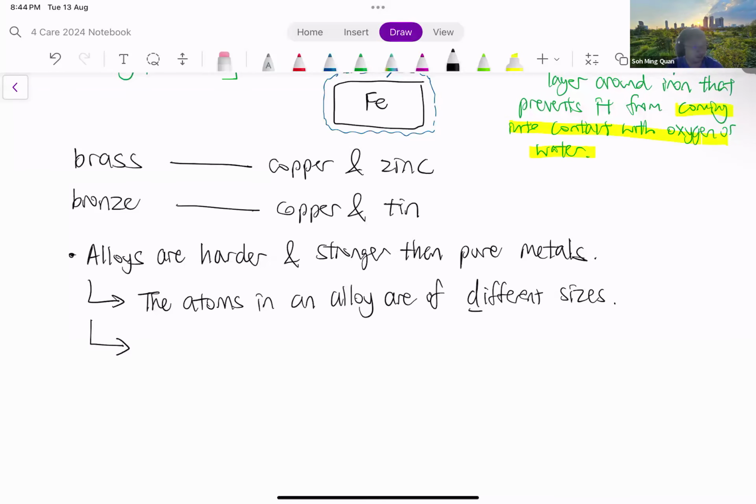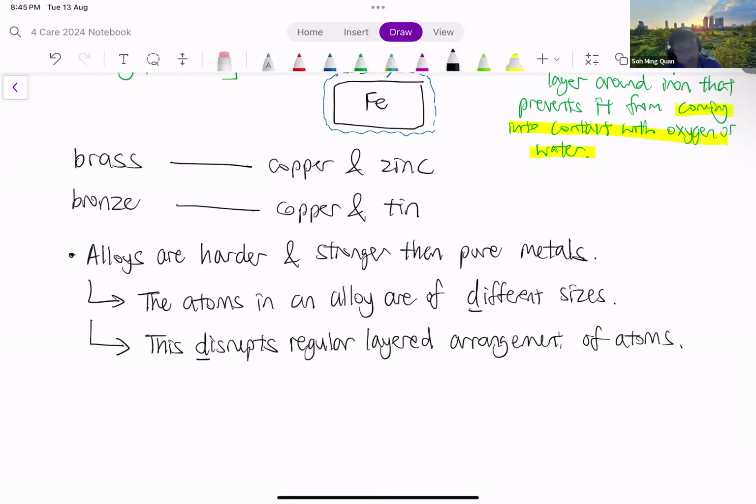The second D, when you have different sizes, it disrupts the regular layered arrangement of atoms. Typically, in a metal, the atoms are arranged in regular, neat layers. But if the atoms are of different sizes, it will disrupt the regular layered arrangement.